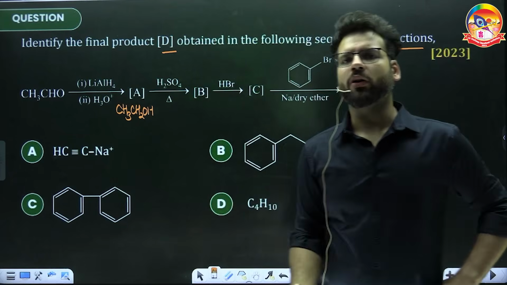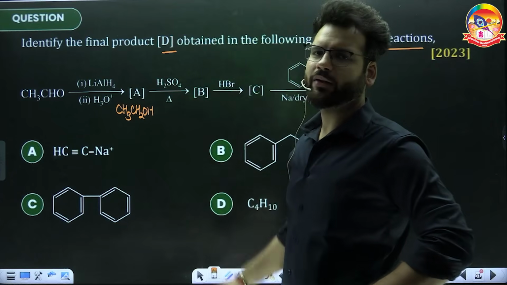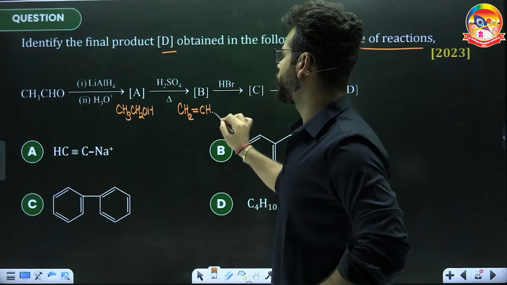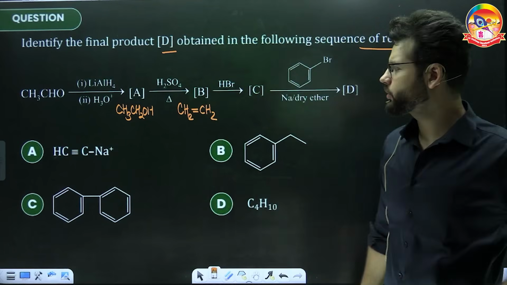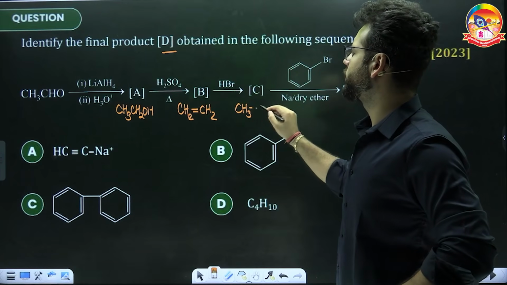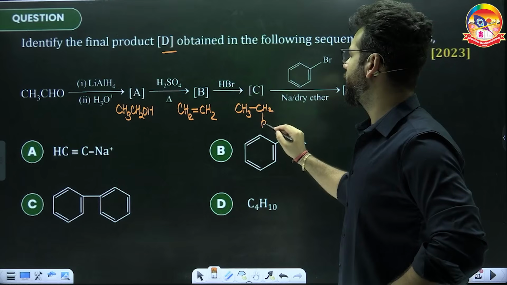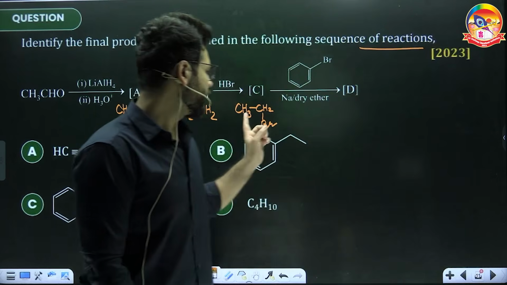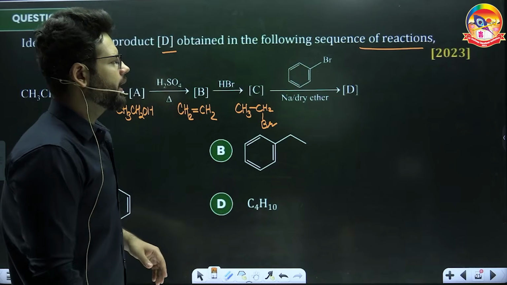Chapter name: alcohol. From alcohol, H2SO4 at 170 degrees, alkene, we get CH2=CH2. Dehydration reaction. Plus HBr, which is Markovnikov addition. At any one carbon you can add the hydrogen, at any one carbon you can add the bromide. So we get this. And then what is this reaction?